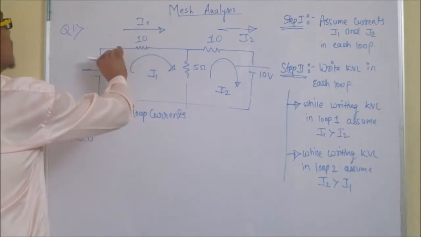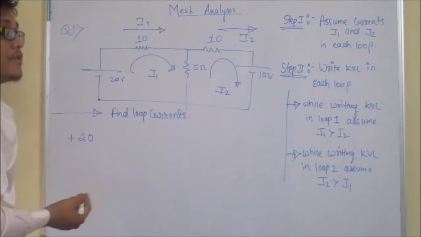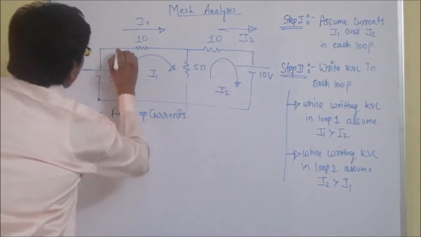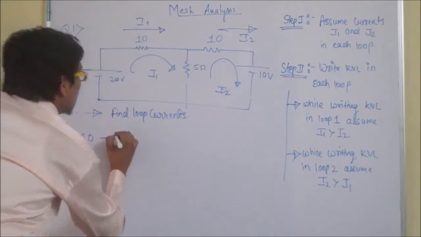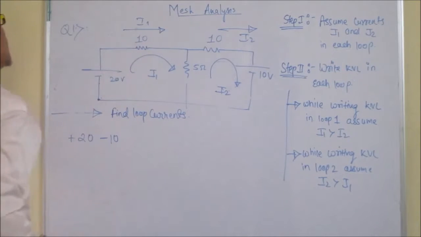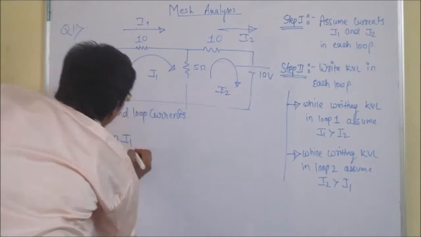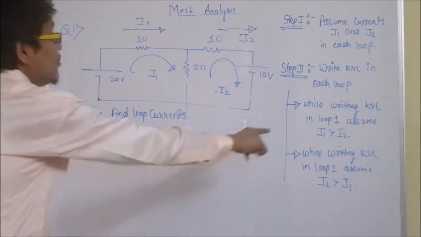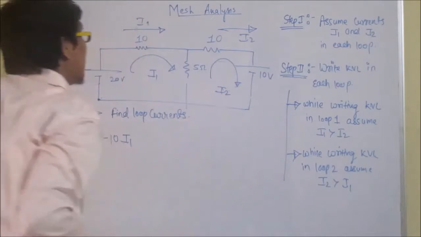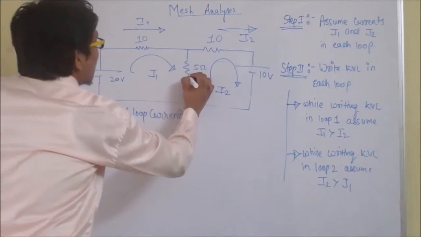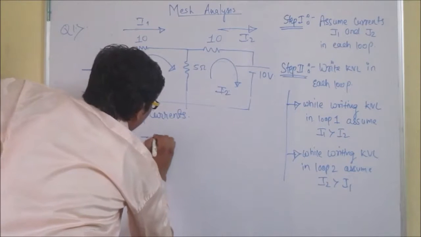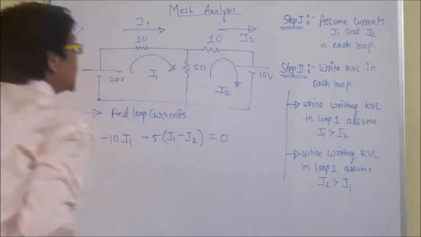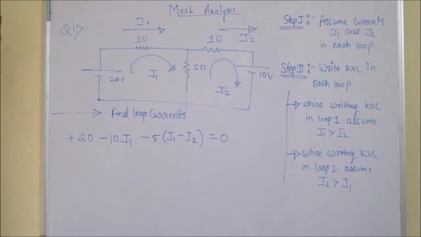Therefore, while moving through the 10 ohm resistor, there is always a potential drop, so I will write it as minus 10. What is the current through that? I1. And again, while moving through the 5 ohm resistor, while writing KVL in loop 1, assume I1 is greater than I2. So the current flowing from here will be I1 minus I2. Minus 5 times (I1 minus I2) is equal to 0. This is our first equation.